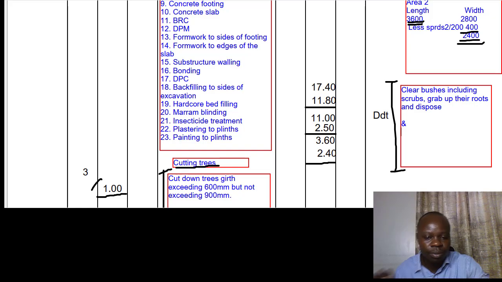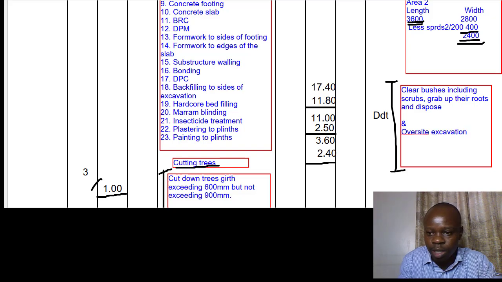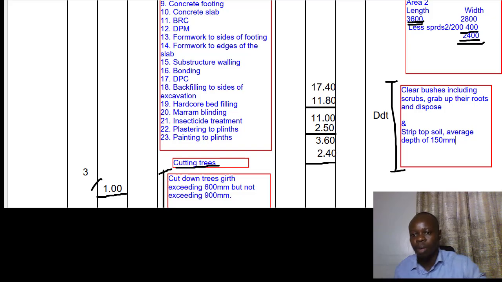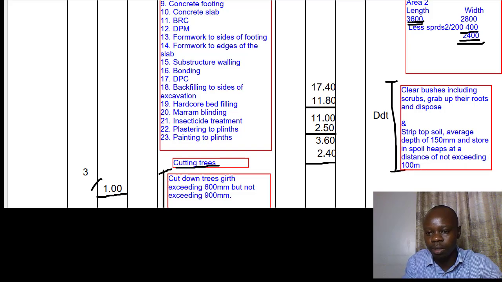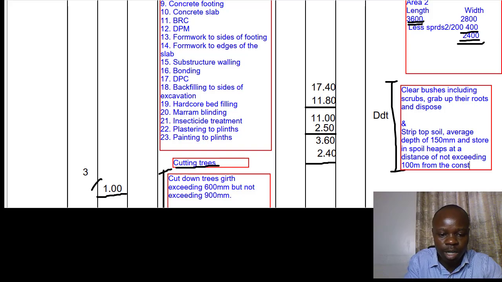So the next description that we're also including here is oversite excavation, or you can indicate strip topsoil, average depth of 150 millimeters, and store in spoil heaps, at a distance not exceeding 100 meters from the construction site.